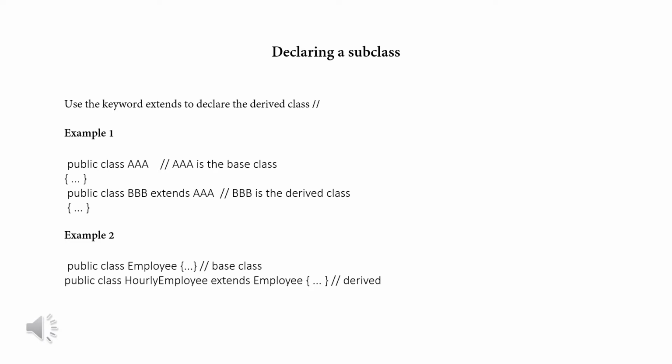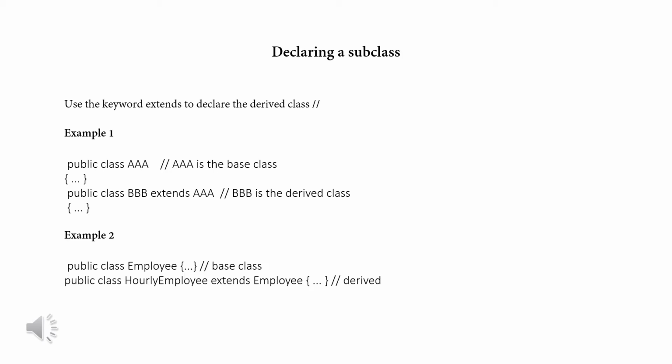Then we want to create another class, class number two, that inherits all of the data and methods from class A. For example, here we call that class BBB. So how can we define that? By using the keyword extends.